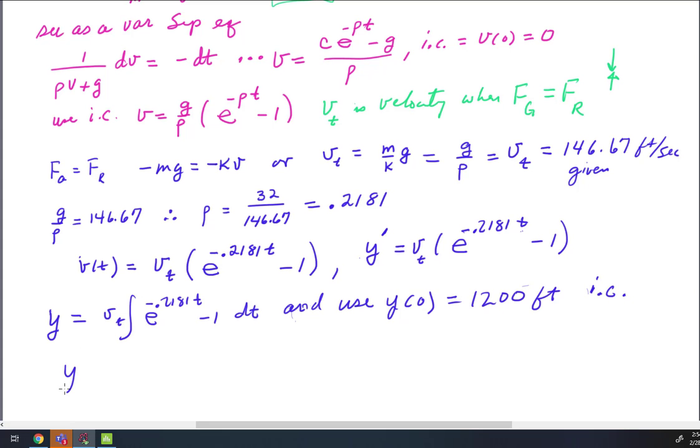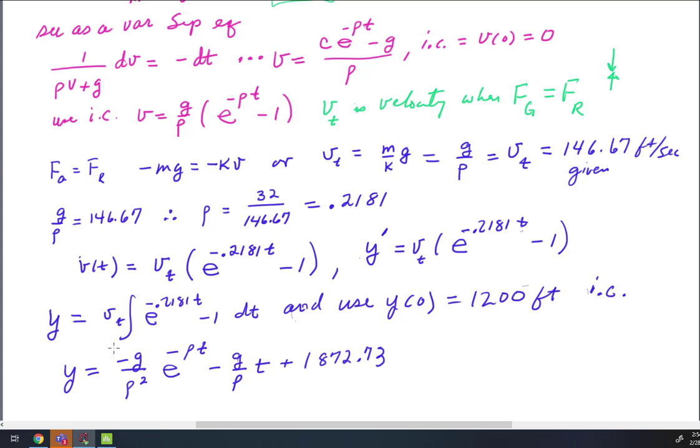y, after some algebra, y is equal to minus g over rho squared e to the minus rho t, minus g over rho t, plus 1872.73.